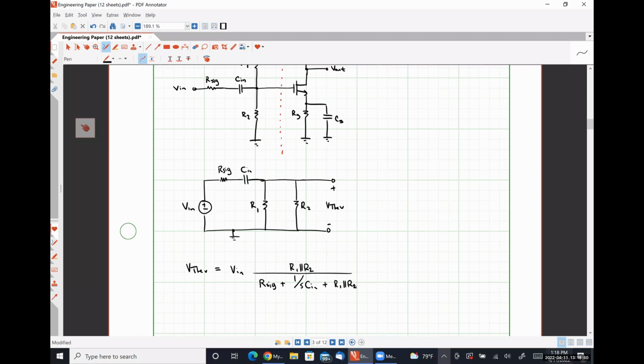So this is going to look like Vn times SCN R1 in parallel with R2 divided by 1 plus SCN times R sig plus R1 in parallel with R2.